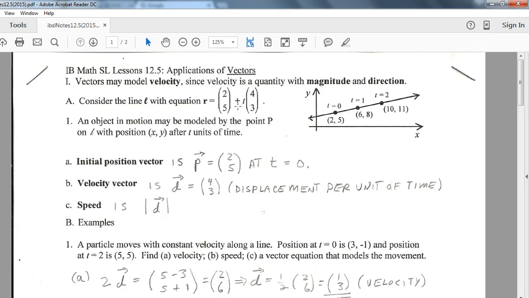In mx plus b, b was the beginning of your line, usually the y-intercept, a point on your line, and m, the slope, was the direction that you traveled from there. That's the exact same idea with the equation of the vector: we have a point on the line, and then the directional vector is where we go from there.